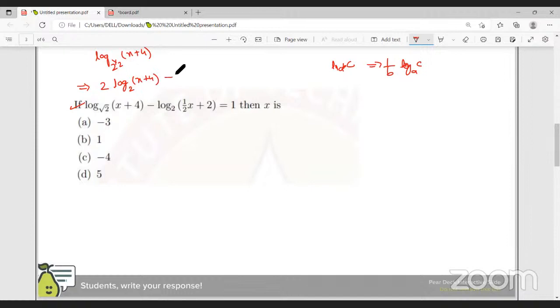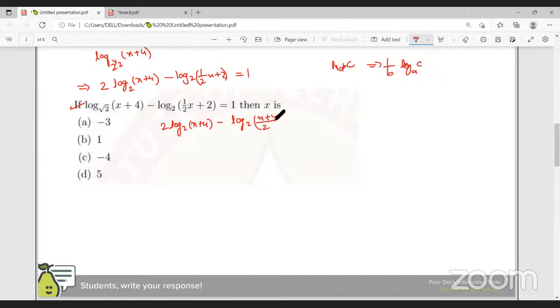Now here also, minus log to the base 2 of x plus 4 by 2, equals 1. Now we can simplify this: the second term, x plus 4 by 2, we can write as log of x plus 4 by 2. So 2 log to the base 2 of x plus 4 minus log to the base 2 of x plus 4 by 2.